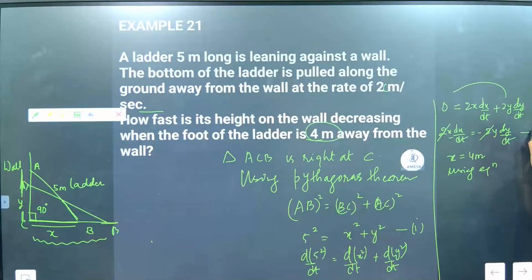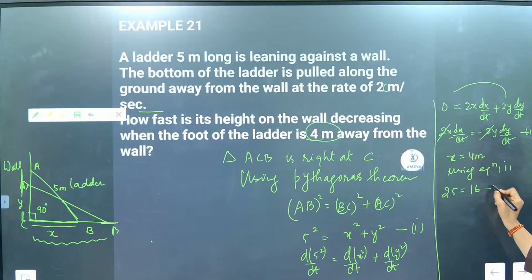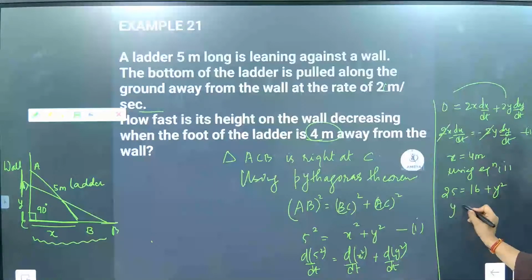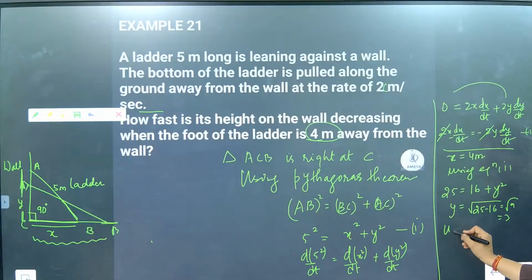This part is coming as equation 2. So using equation 1, we substitute 5 square is 25 is equal to 16 plus y square. So y will be equal to root under 25 minus 16, that is root under 9, the value is coming as 3. So now we will substitute the value in equation 2.